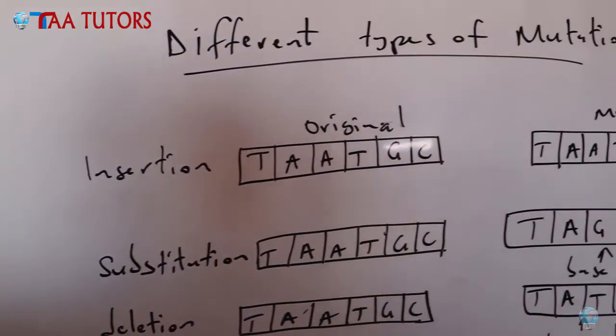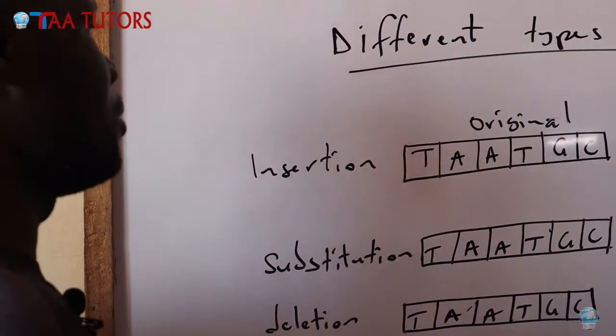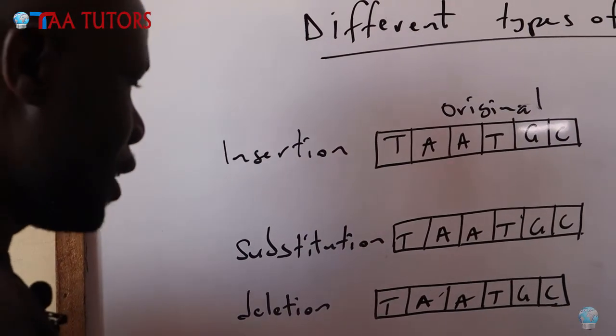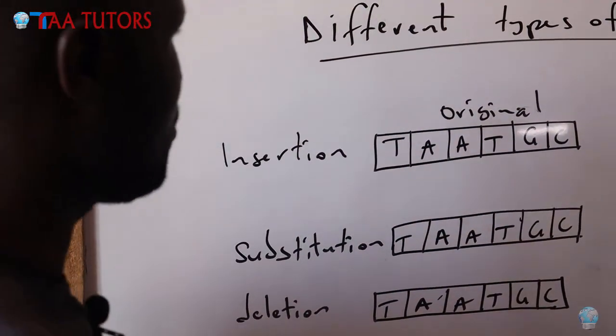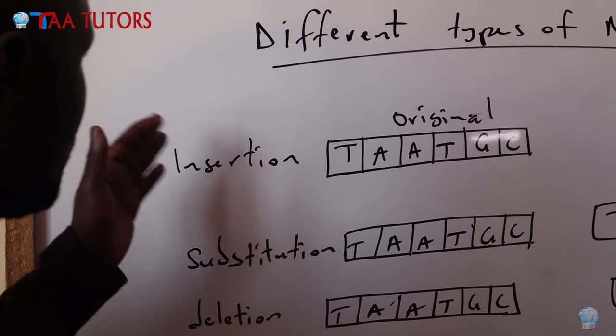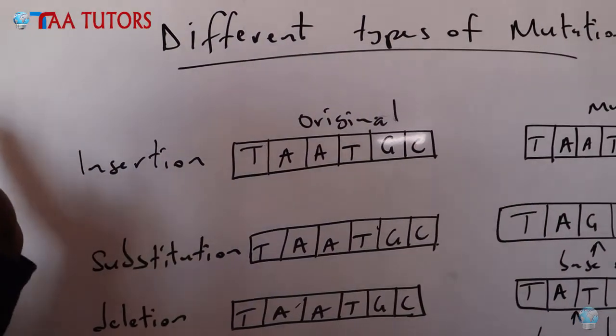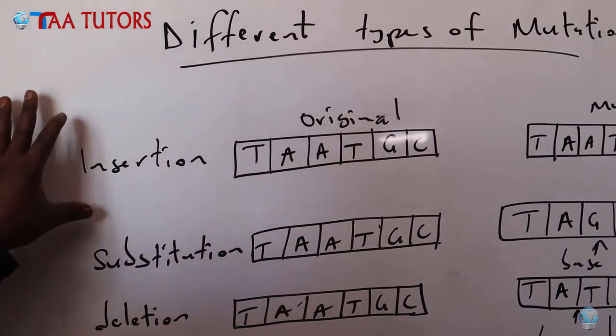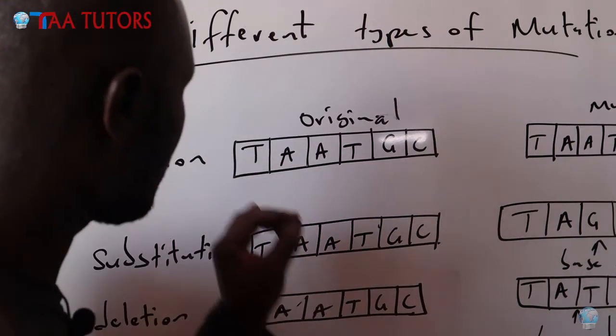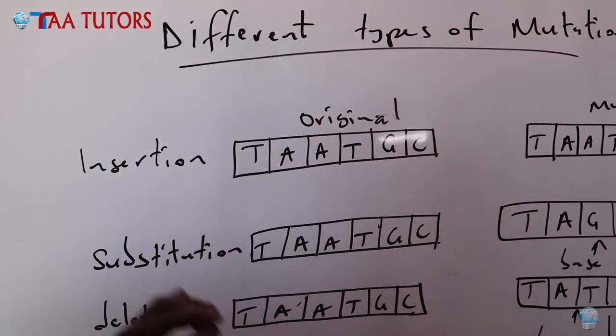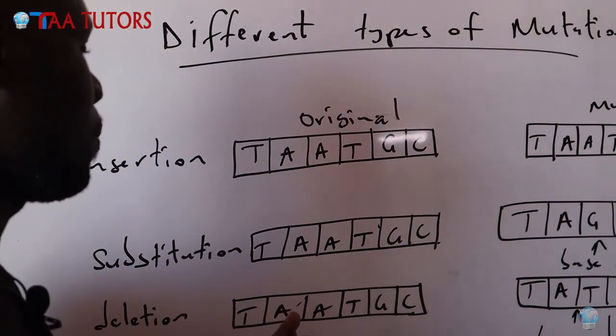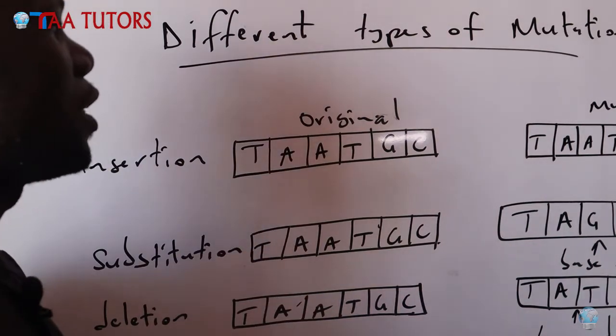Now insertion, just from the English word, means to insert, to bring in between. So this is a case whereby, as transcription is happening in the gene, a specific nitrogenous base is inserted in between the original bases. That is going to give us new information.